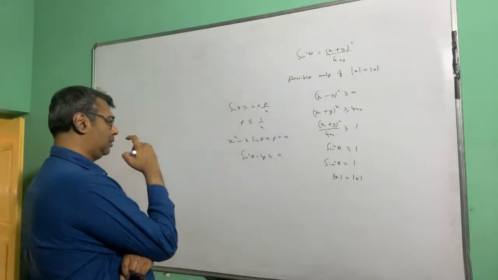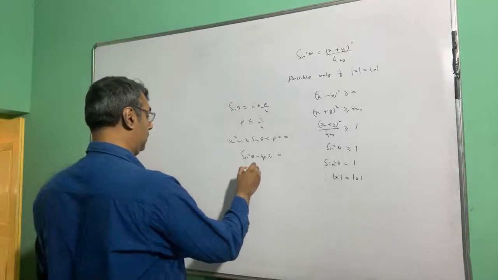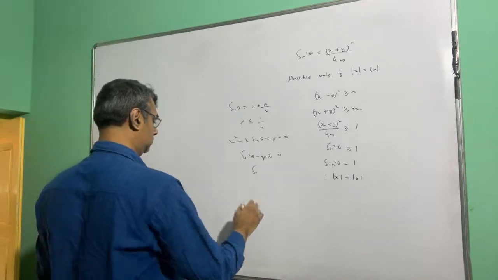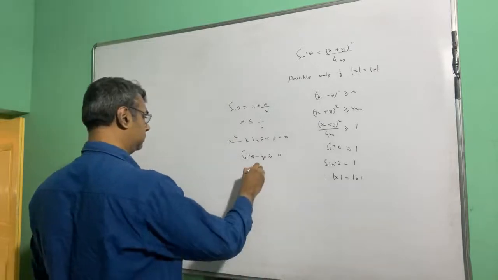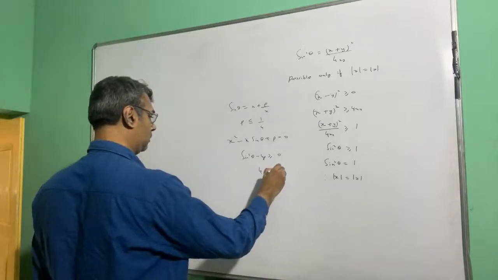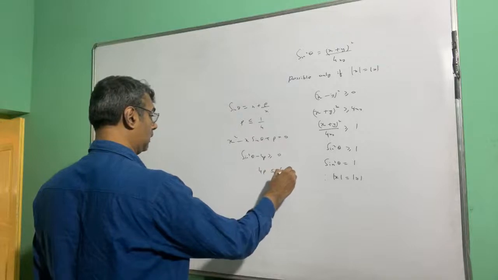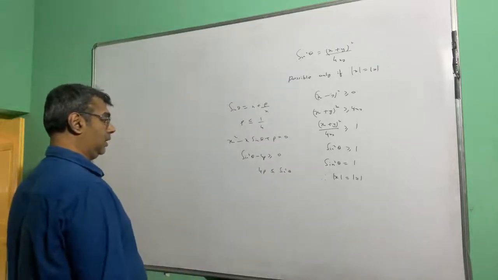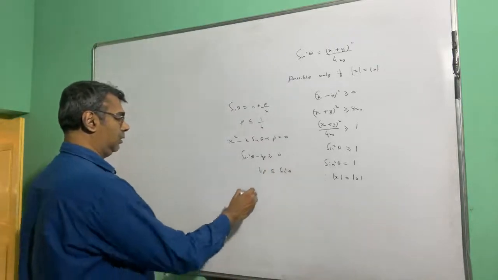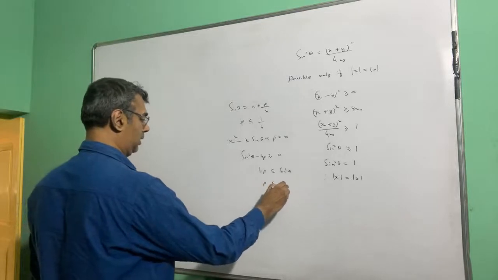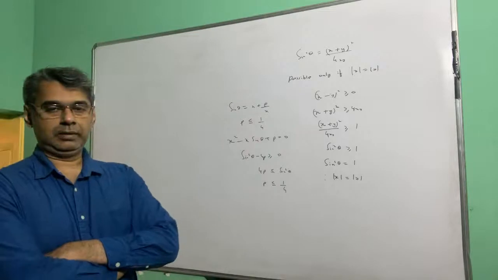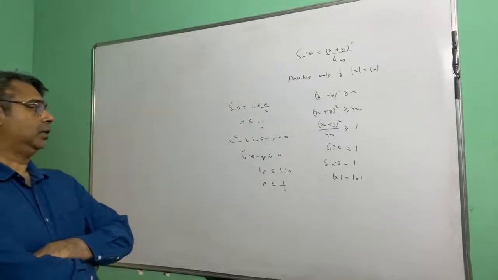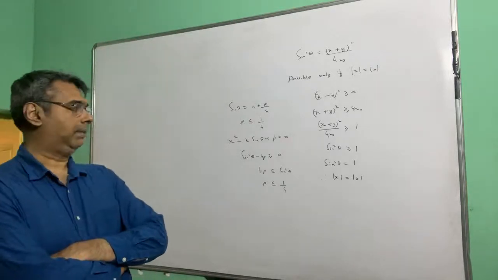So sin²θ − 4p will be greater than or equal to 0. So 4p will be less than or equal to sin²θ, and you know that sin²θ is never greater than 1. So p will have to be less than or equal to 1/4. So this way you can do this sum, right?